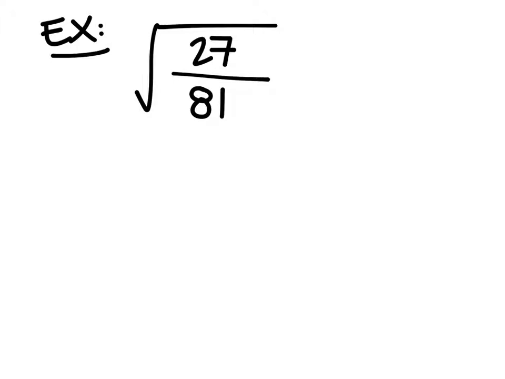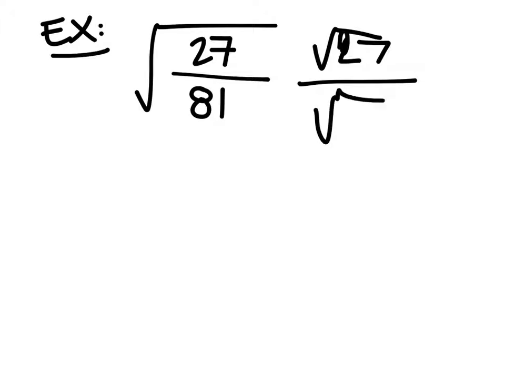So first thing we do is we separate these two things. We go square root of 27, and then we go square root of 81. We simplify these down.